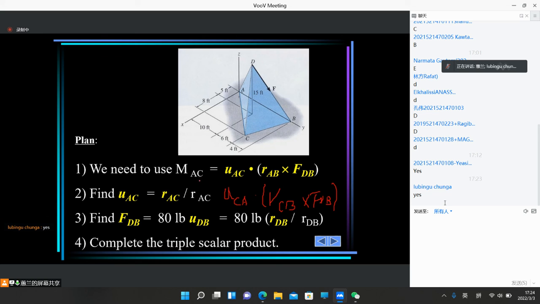Okay, so this time I want to calculate the moment about axis AC. Instead, I use the unit vector of CA dot bracket RCB cos FDB. Is it okay?